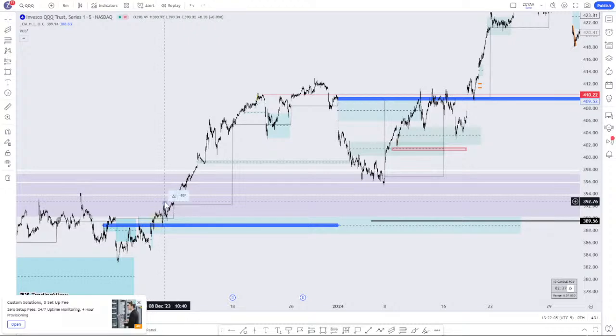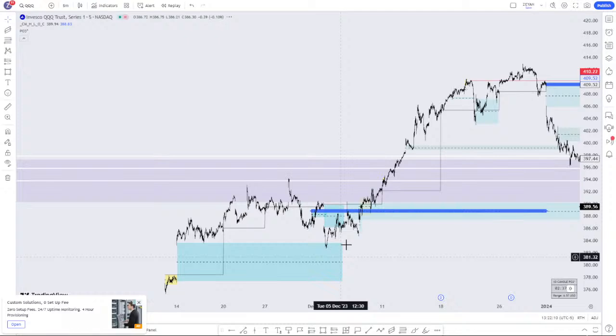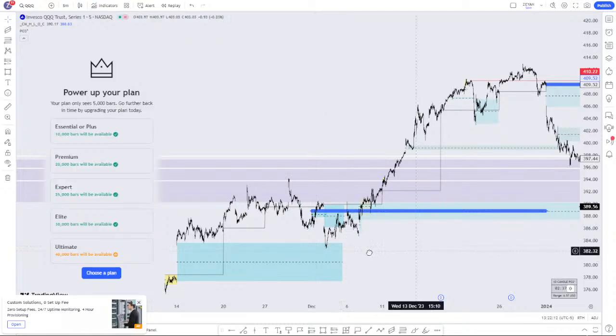Everything you see on my chart was an extreme or is an extreme at some point. Nothing is irrelevant. As I go back, I'll see this.